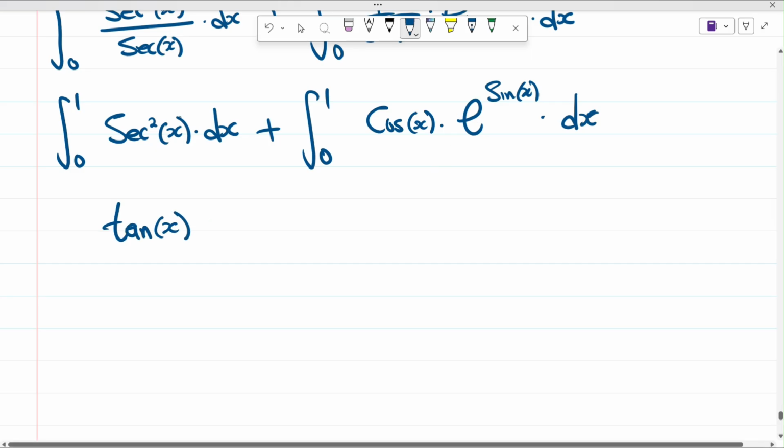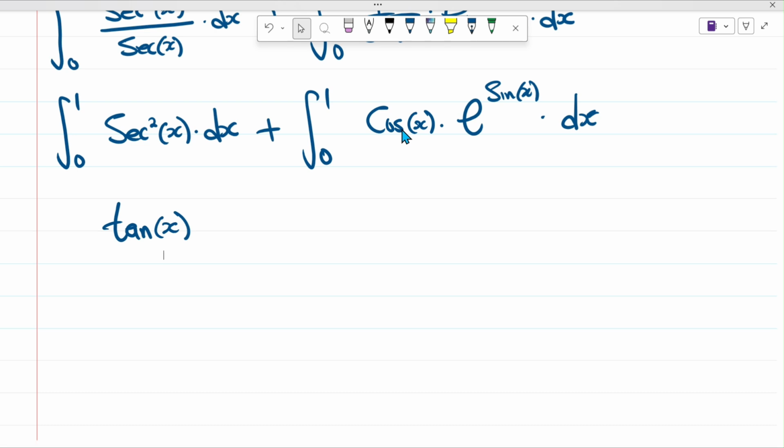And then we come to this one. So here we can see that we're integrating an exponential function. To integrate an exponential function with base e, we just need to make sure that we have the exponential function and the derivative of the exponent. So the derivative of sine x is cos x, so meaning that this is already in a nice way, right? It's already in a nice way.